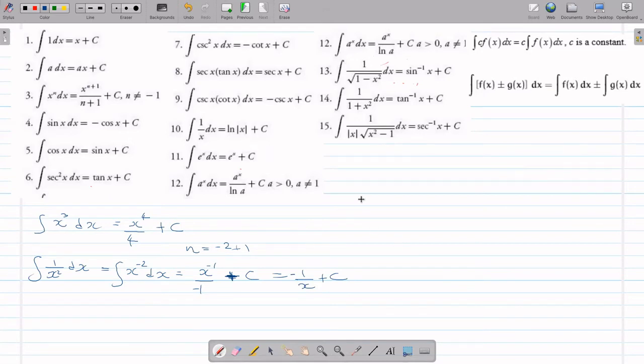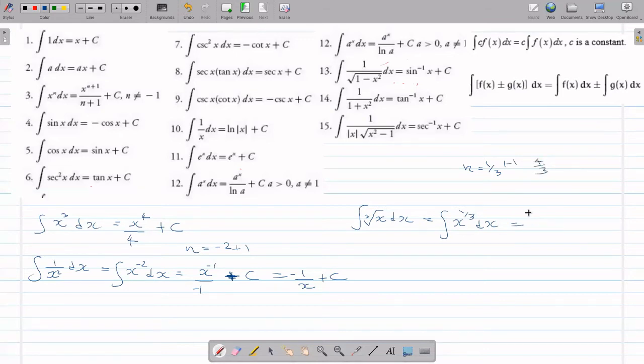And if I am doing the cube root of x, for example, dx, here I have to rearrange it to look like x to the 1 over 3 dx. n is 1 over 3, so 1 over 3 plus 1 is 4 over 3.